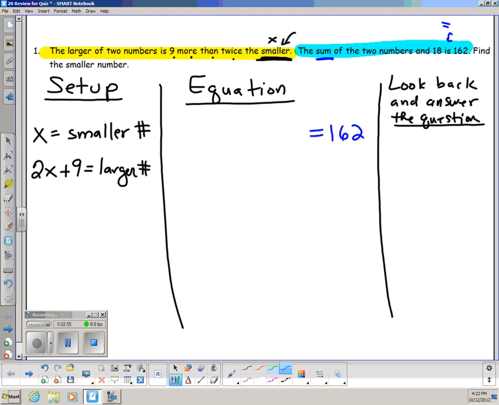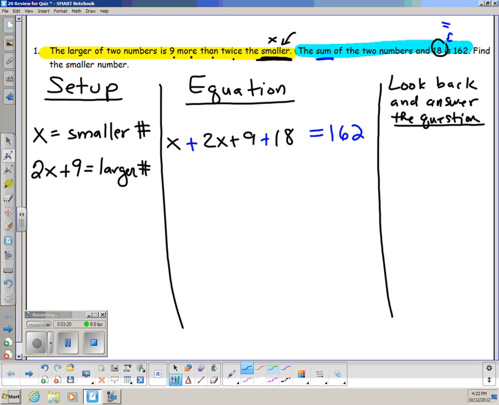So I'm going to take the sum of the smaller, here's my smaller, and the larger, and 18. People miss this. And I'm adding 18 equals 162. And now I have set up an equation. The word sum means addition. I have added the 3 items they've told me to add.